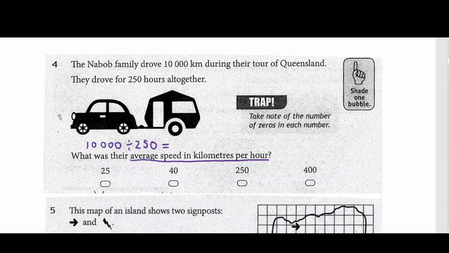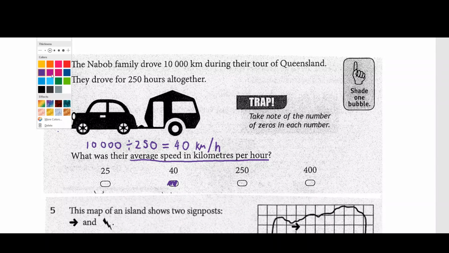So the average speed here was 40 kilometres per hour. Okay, so 10,000 kilometres, the whole drive, and 250 hours, the whole time they drove. So we go 10,000 divided by 250 to give 40 kilometres per hour. Okay. Next one.